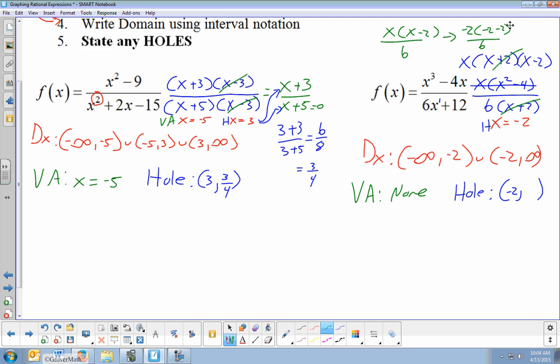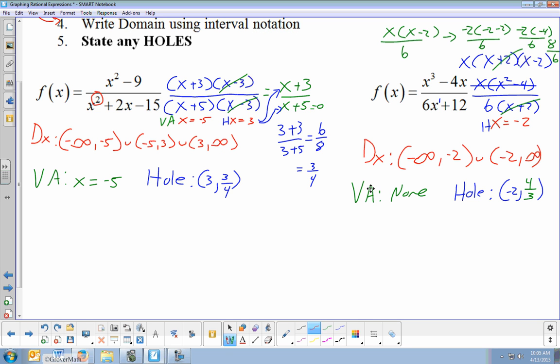Negative 2 minus 2 is negative 4, so I'm looking at negative 2 times negative 4 over 6. That's positive 8 over 6. 8 over 6 reduces to, divide by 2, 4 over 3. And it often is a fraction, so that's very common.